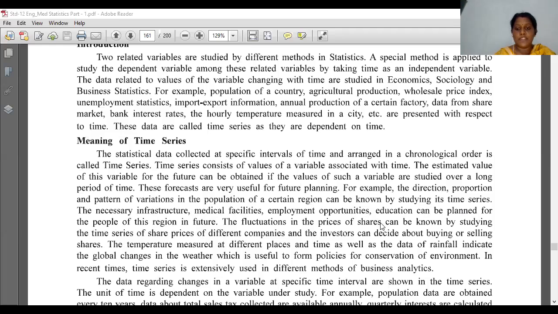Fluctuations in the prices of shares can be known by studying the time series of share prices of different companies, and investors can decide about buying or selling shares, right? The temperature measured at different places and times, as well as rainfall data, indicate global changes in the weather, which is useful to inform policies for conservation of the environment. In recent times, time series is extensively used in different methods of business analytics, right?